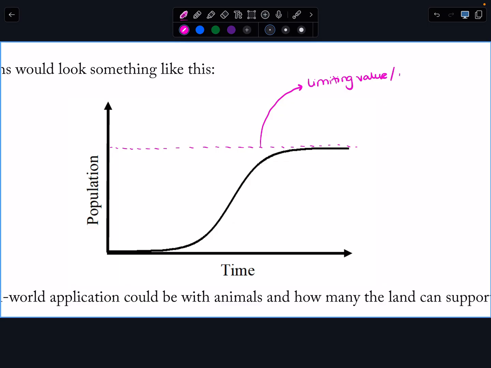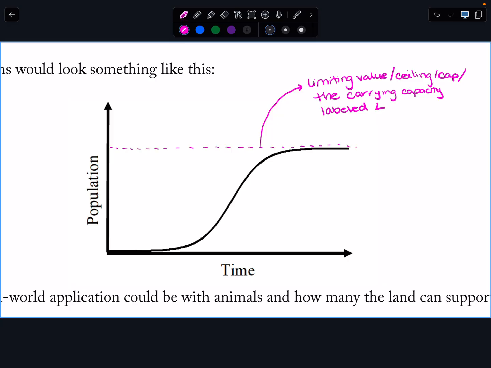Or it's like a ceiling. Or they call it a cap. Or they call it the carrying capacity. It's like 5 different ways to describe the same thing. Okay, and it's labeled L, capital L.